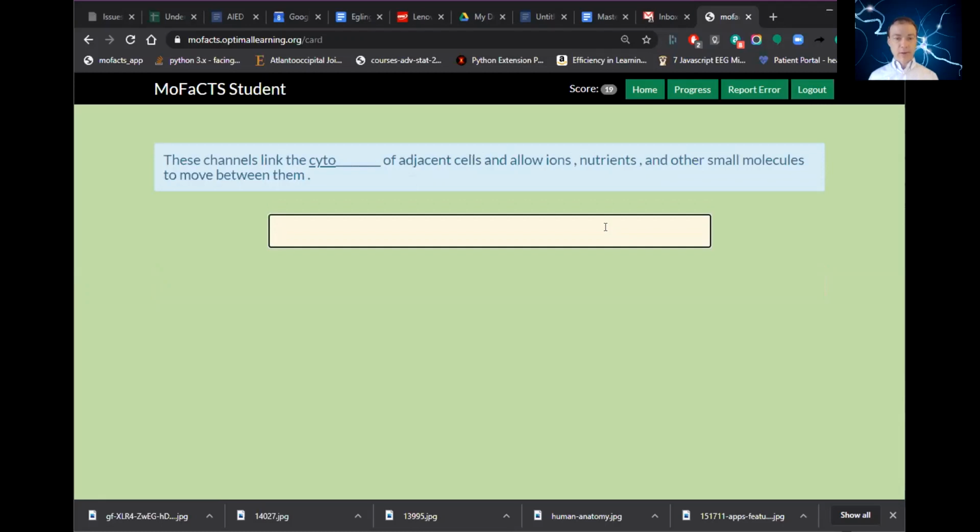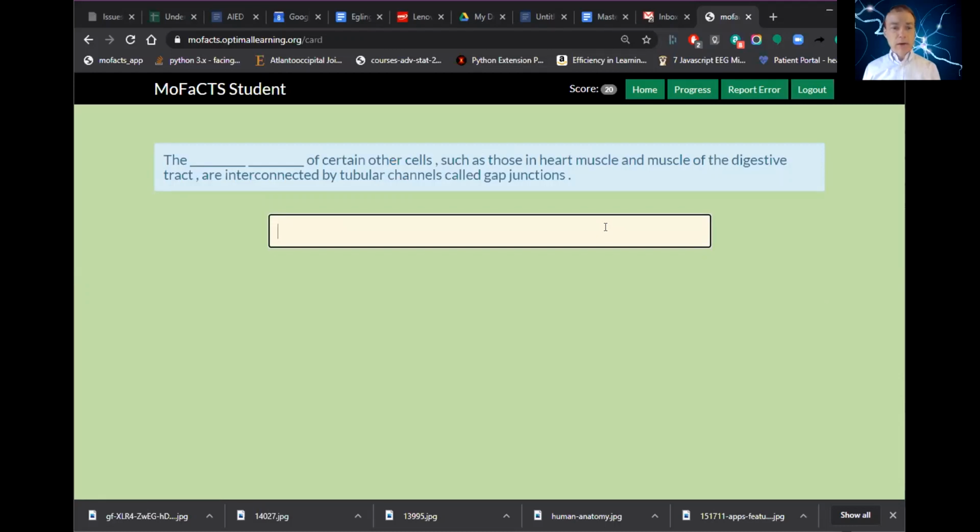These channels link the cytoplasm of adjacent cells and allow ions to move. Yeah, that seems to make sense. The cell membranes of certain other cells, such as those in heart muscle and muscle of the digestive tract.